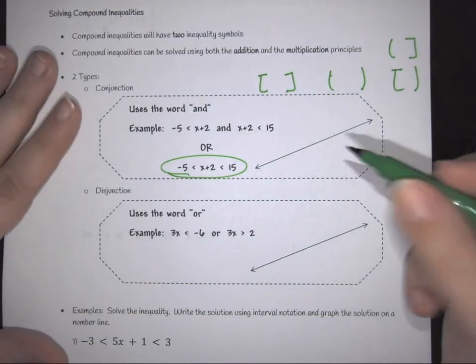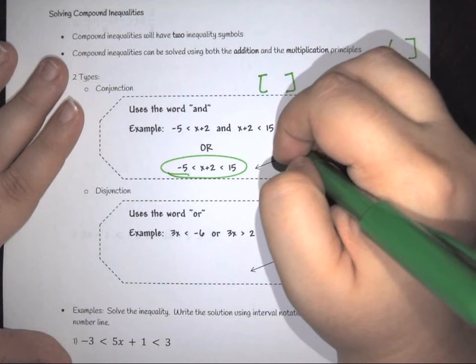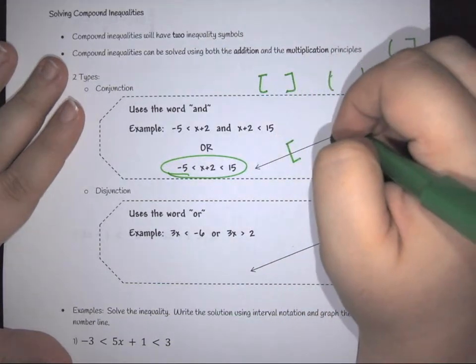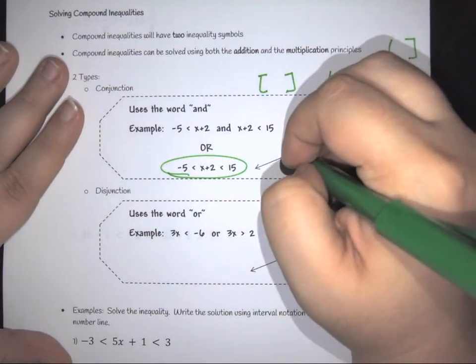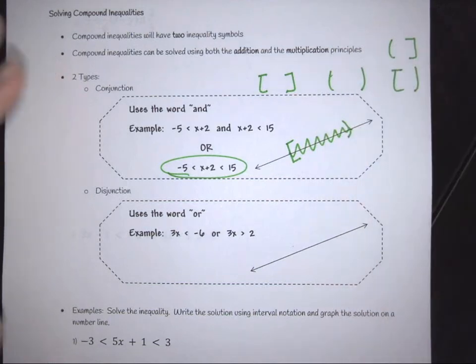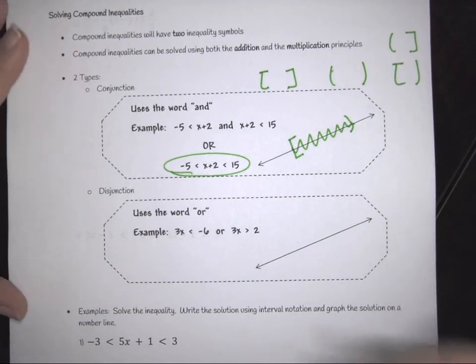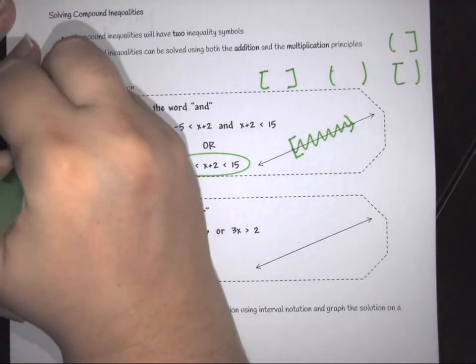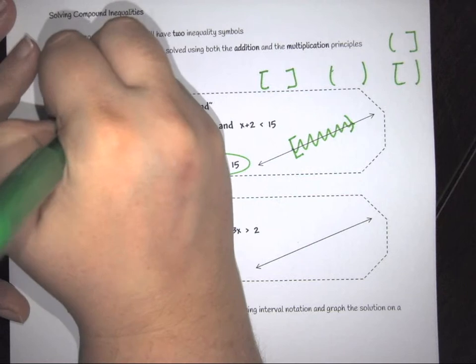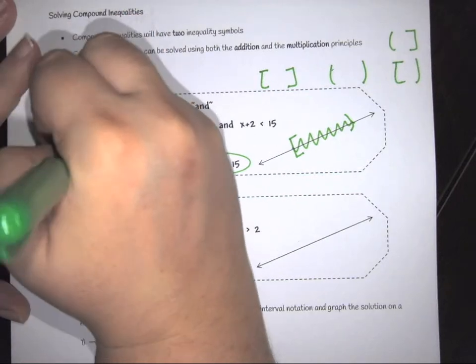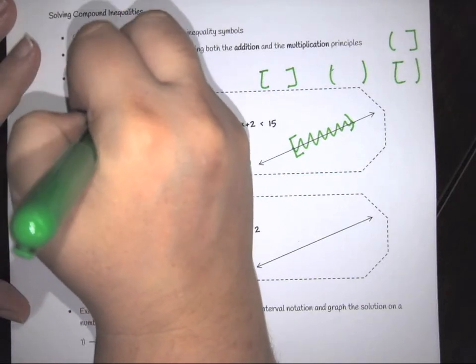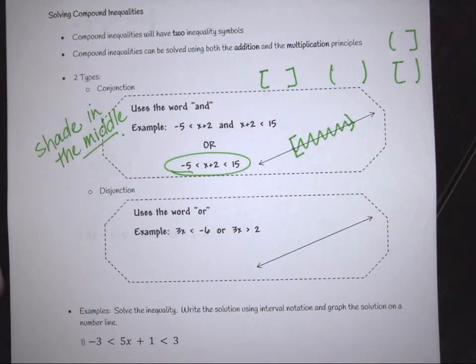So, for example, an and might look like this, where you have bracket, parenthesis, and you shade in the middle. The important thing to remember about ands is that we are going to shade in the middle.